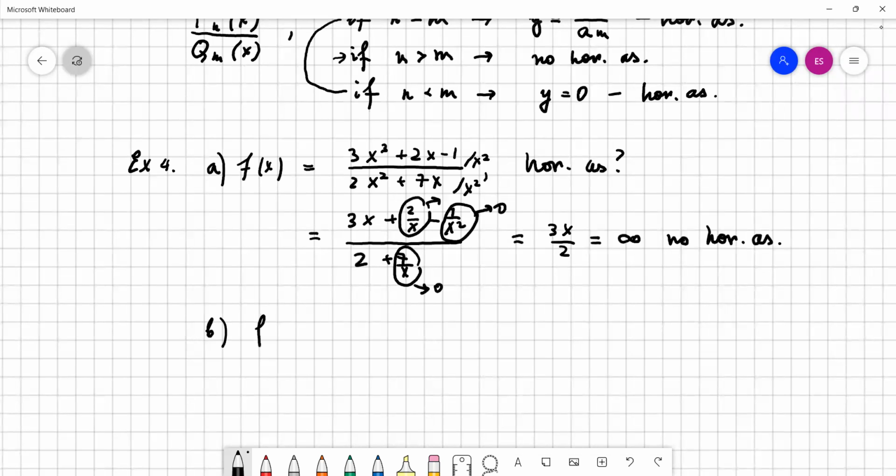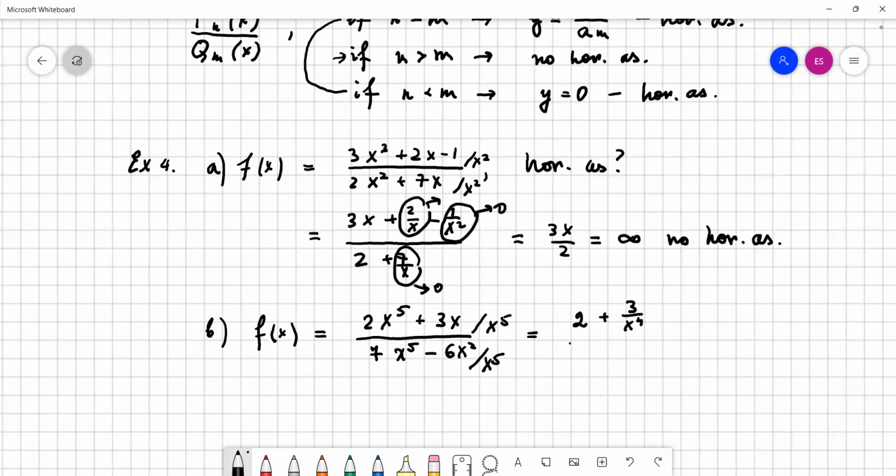Case B, f of x equals 2x to the power of 5 plus 3x divided by 7x to the power of 5 minus 6x squared. Again, we divide by the power of the denominator, x to the power of 5. We are going to have 2 plus 3x to the power of 4, right?